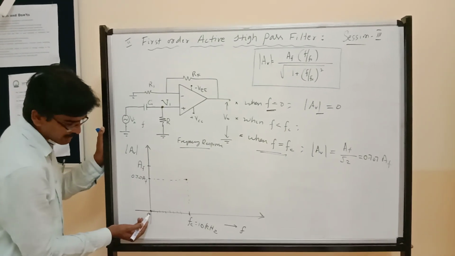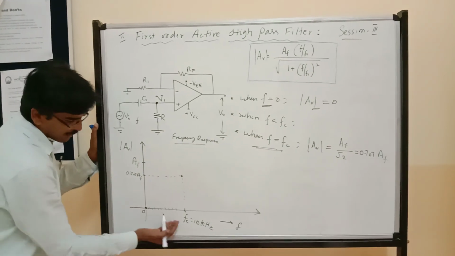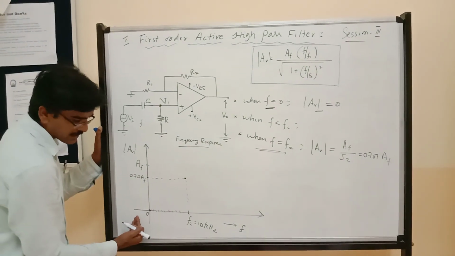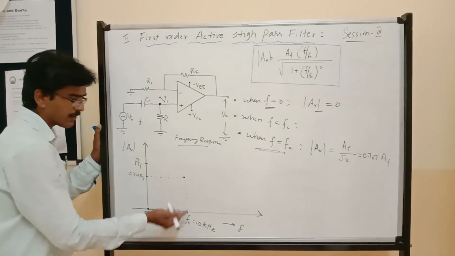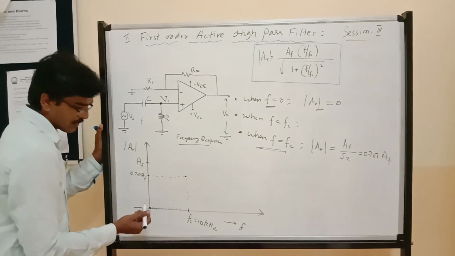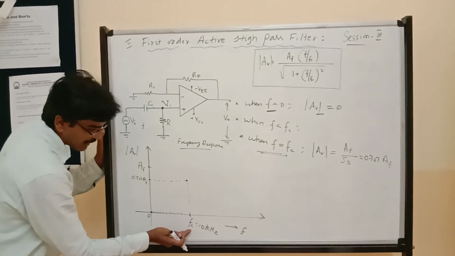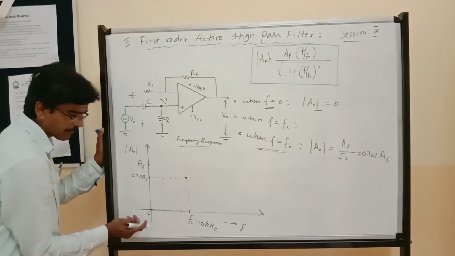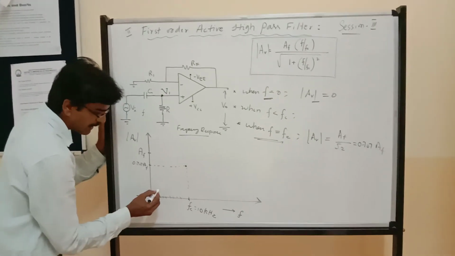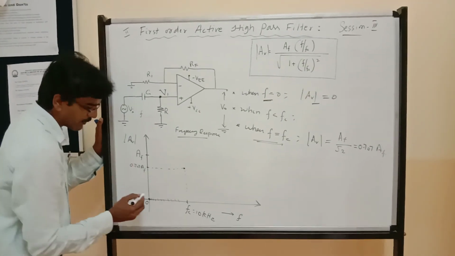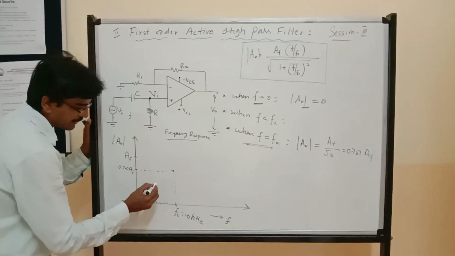When frequency is 0, this point. That means, as the frequency increases, gain also should increase according to this concept. So, when the frequency of the input signal is less than the cutoff frequency, and as the frequency increases, gain should increase like this to reach this point. Therefore, we get the graph like this.